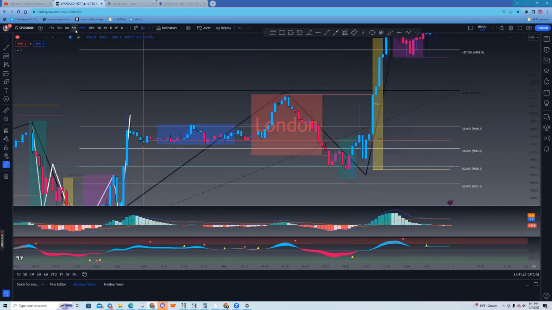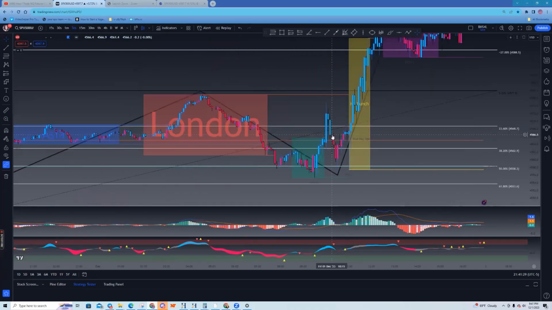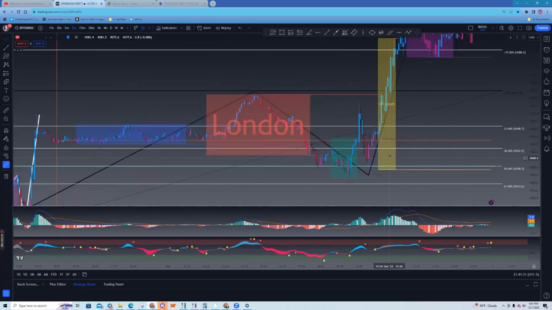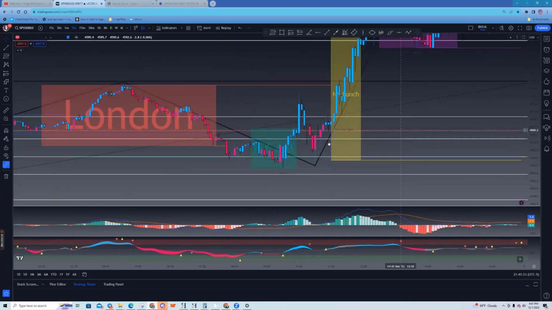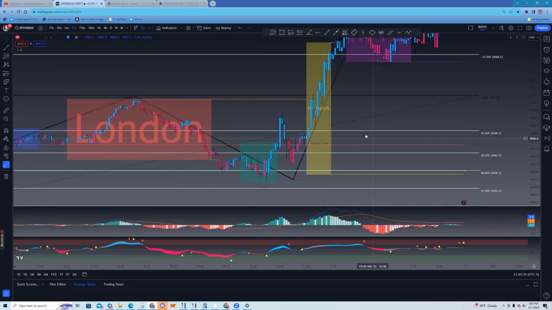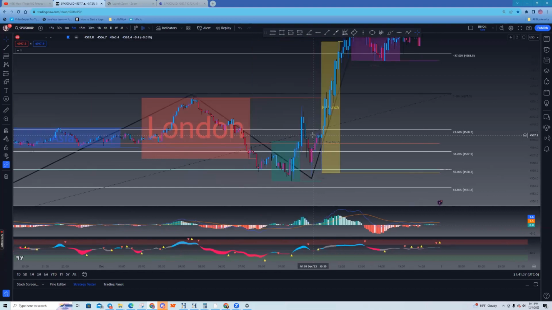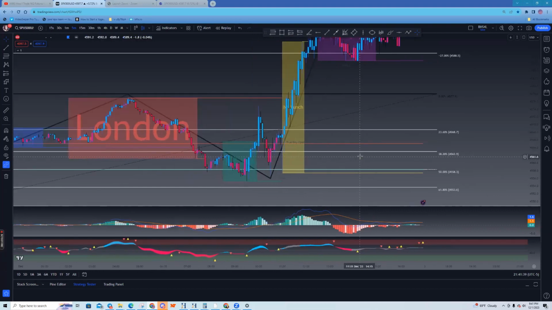So let me drop down to the 5 minute, because that's normally where I get my entries, to let y'all see what I saw. On the 5 minute, I'm seeing another quasi pattern in a sense, and I'll draw that up for you.